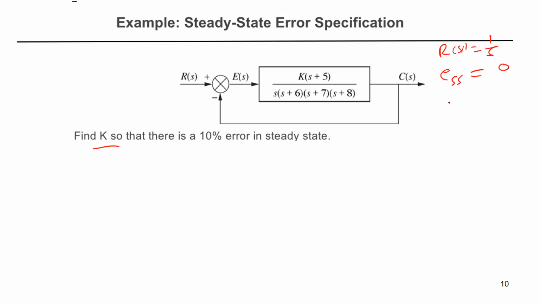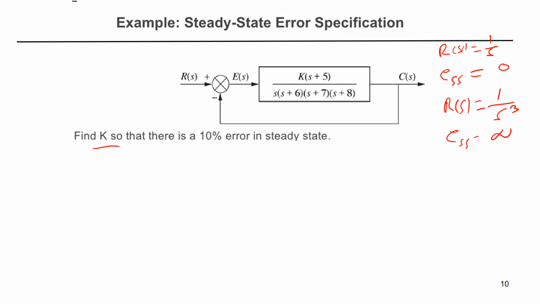How about if my input R of S equals 1 over S cubed? It will be a constant, equal to infinity. E steady state equals infinity, and no matter what K is, I cannot correct it. So what input am I left with? The ramp only, the ramp input.